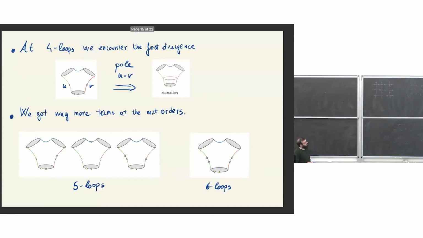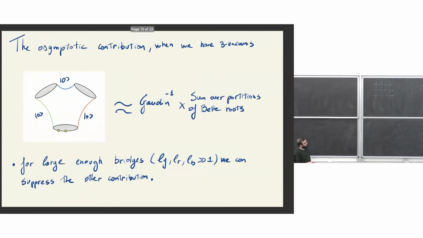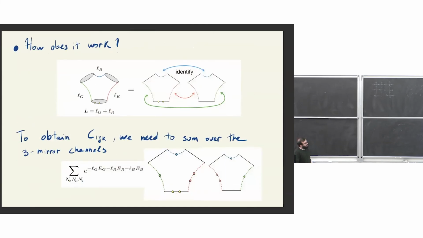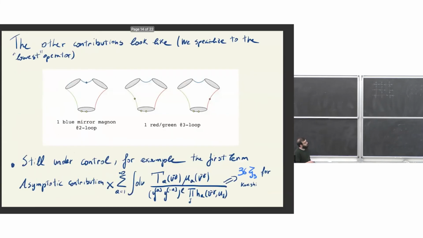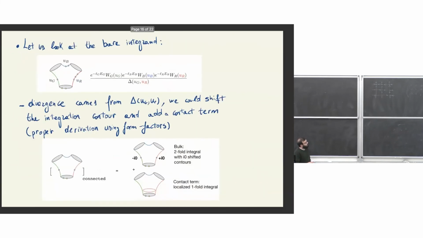Well, as we have done here, this integrand can actually be rewritten in a more compact form, because it also factorizes. This WG, WB, and WRED are the three different contributions to the integrand that you need to construct for the different magnons.